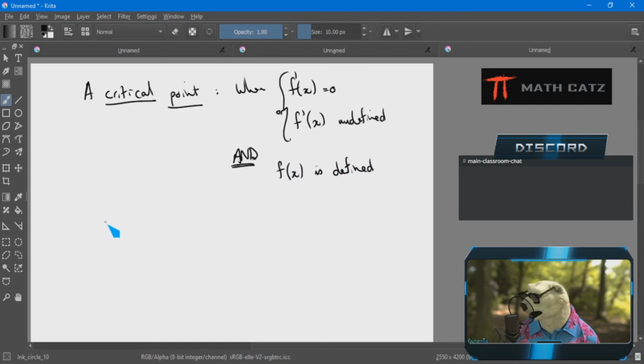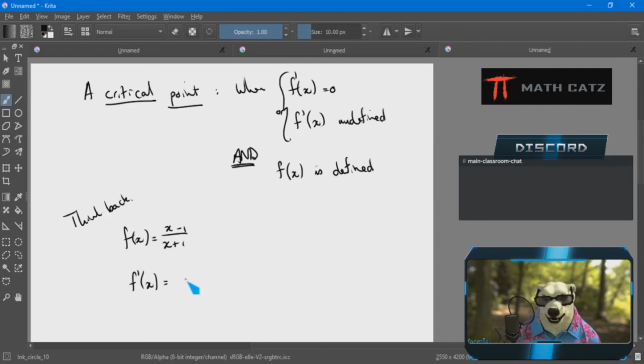Now, if you think back to, let me just go quickly find that example that we did, the rational function one. We did this. You can look back on your notes. We did that yesterday. We found the derivative to be 2 over x plus 1, everything squared there.